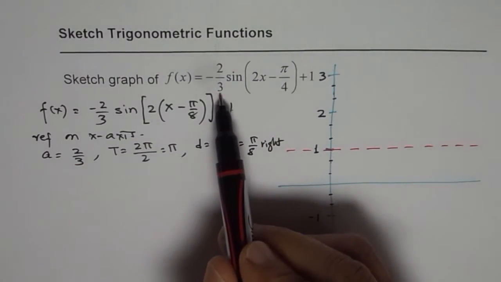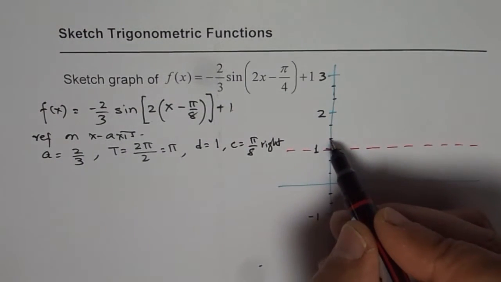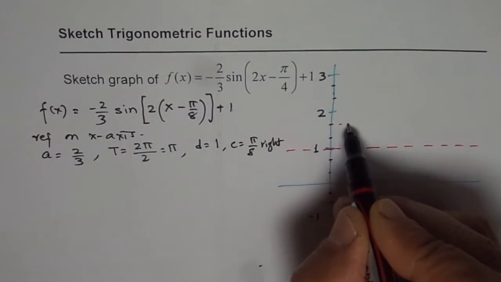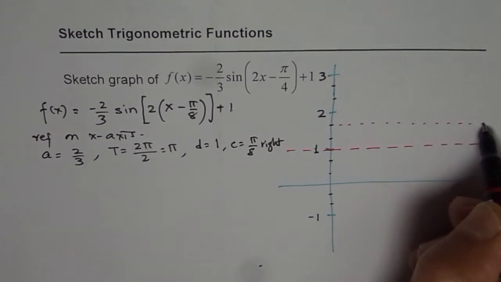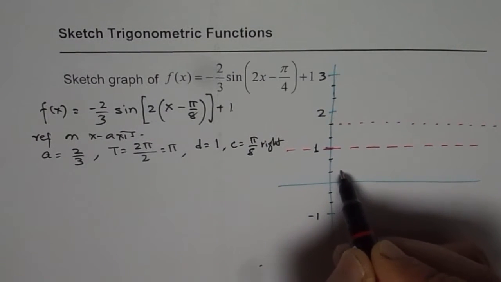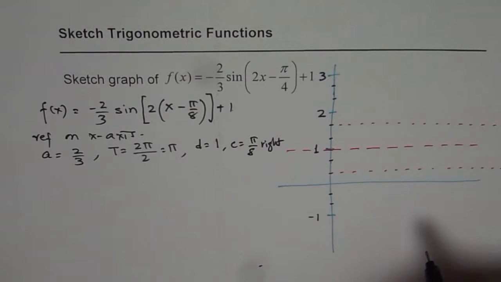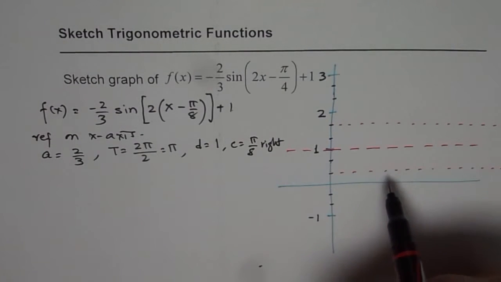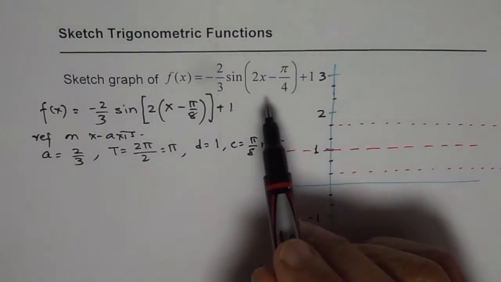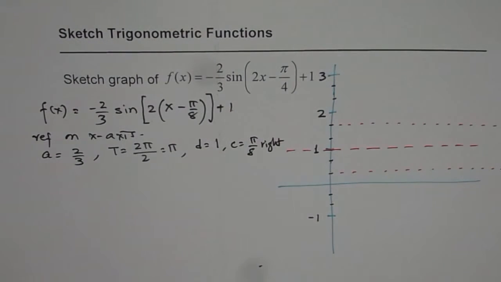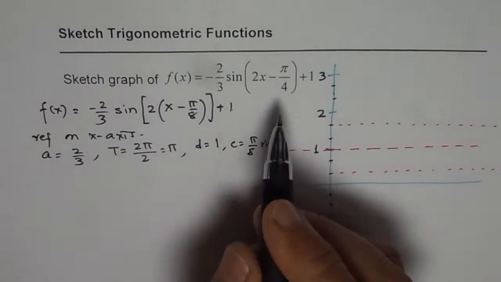Amplitude is 2 over 3. 2 over 3 means 1/3, 2/3. So somewhere here we will have our maximum, and 2 over 3 down, somewhere there we'll have the minimum for this sine function. Perfect. Now my idea is always to sketch it in 2 parts. The first function which I am going to sketch is going to be without horizontal translation, right?